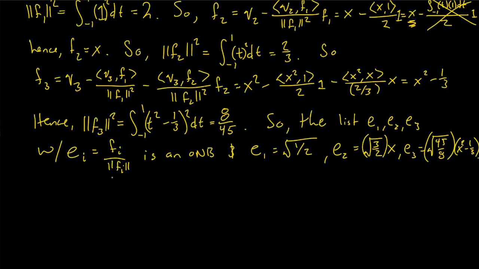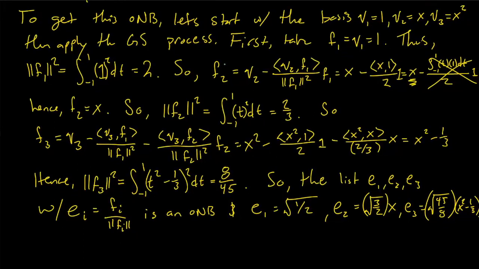Okay, so we've got an orthonormal basis. We just did Gram-Schmidt. All we did is start out by taking f1 equal to our first basis element. Then we found its norm. Not too bad. Then we found f2 by taking v2 and subtracting off the piece of v2 that is not orthogonal to f1.